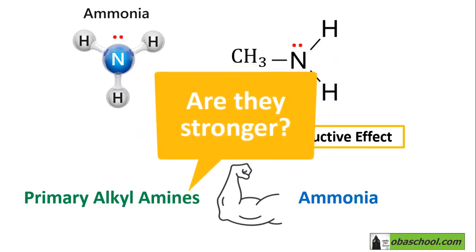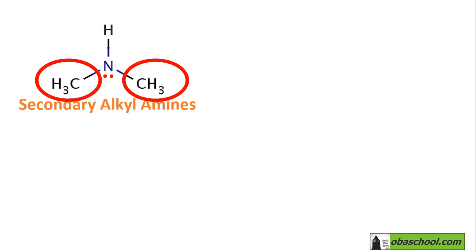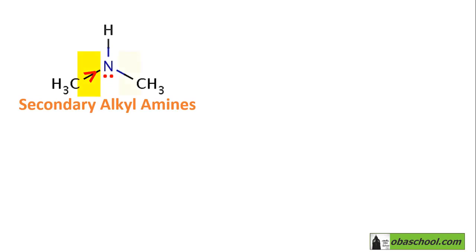Let's see together. If I take an example of a secondary alkyl amine, we have two alkyl groups. We have CH3 on this side and another CH3 on the other side. Of course, the first CH3 has an effect on the nitrogen, and the second CH3 has another effect.